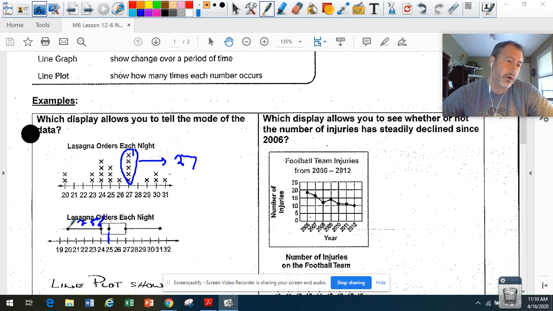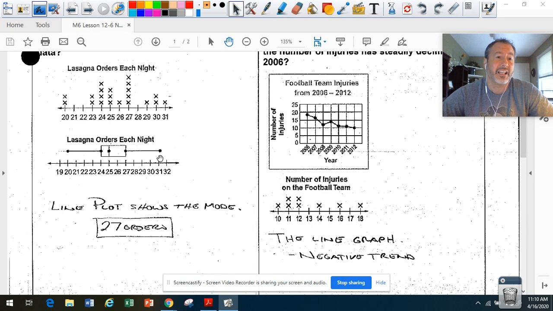We can see what our smallest number is. We can see what our largest number is. We can see what the IQR is. We can figure out what the range is. But guess what? We cannot tell what the mode is at all. So what we would say here is that the line plot shows the mode. And we can see the mode is 27.